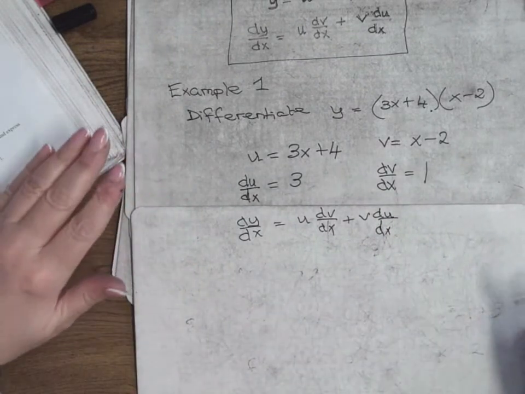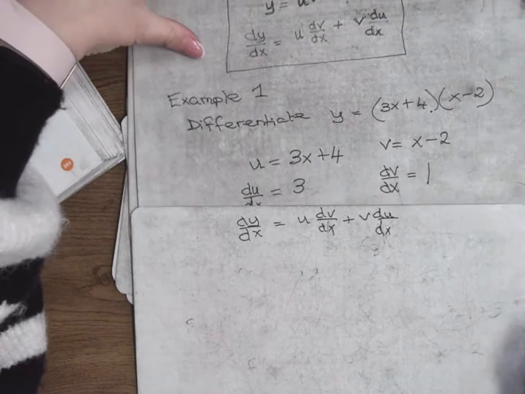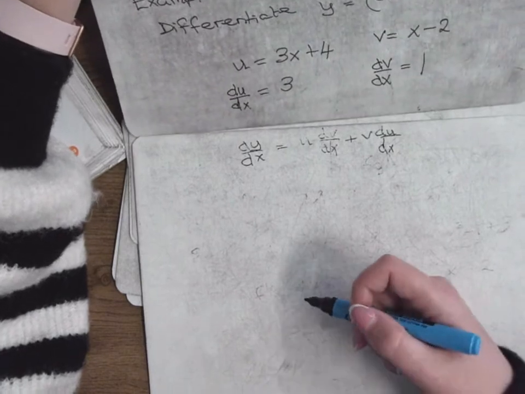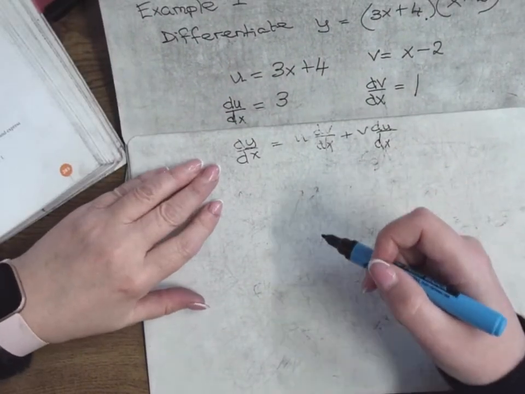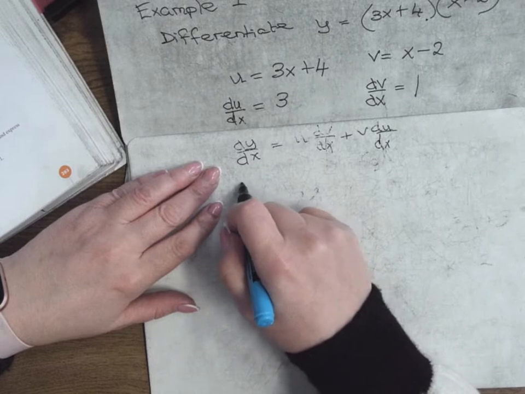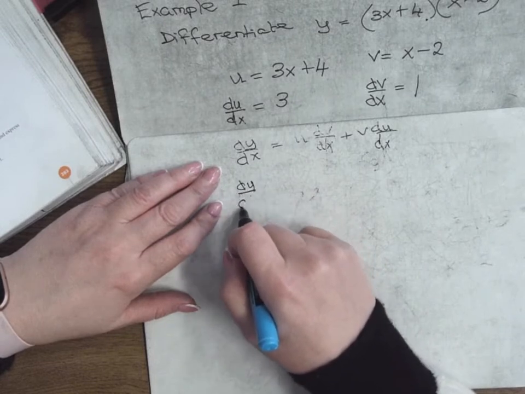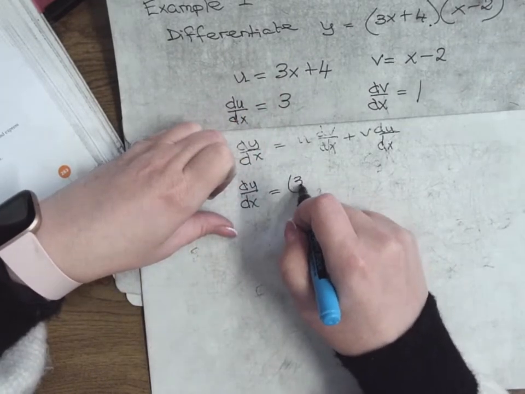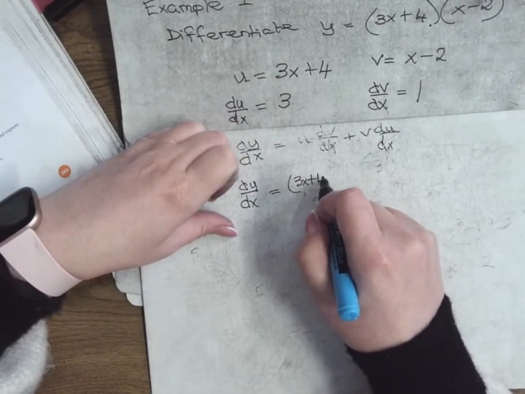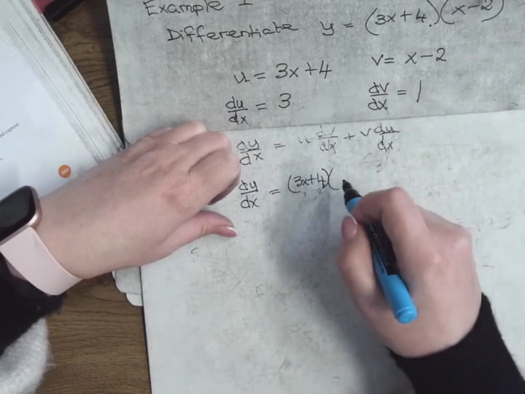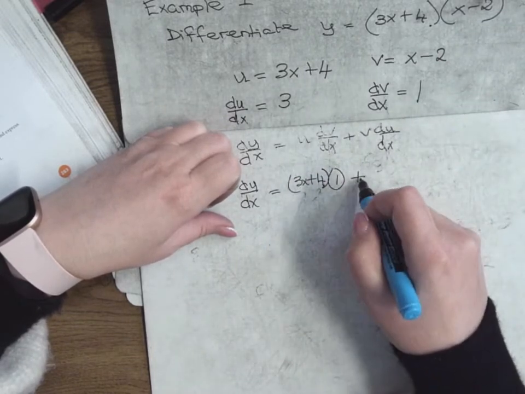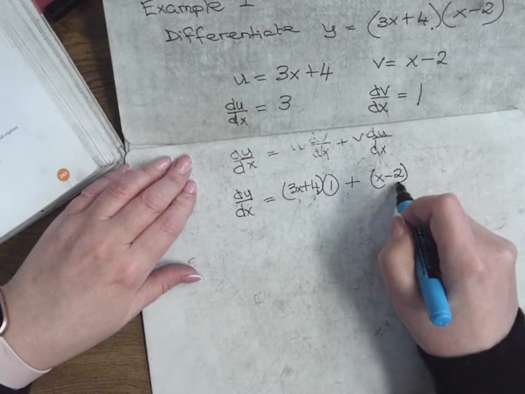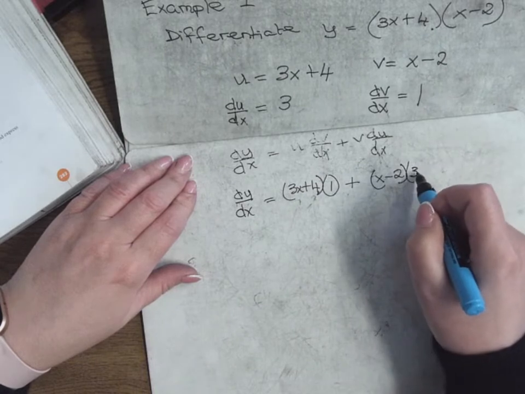So dy dx is equal to u, which is 3x plus 4, multiplied by dv dx, which is 1, plus v, which is x minus 2, times du dx, which is 3.